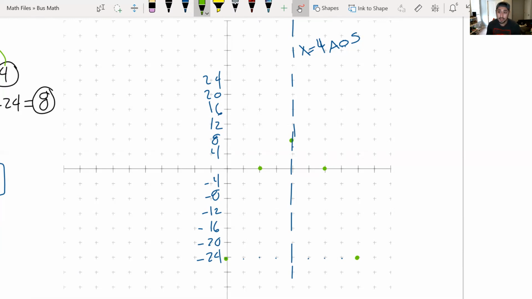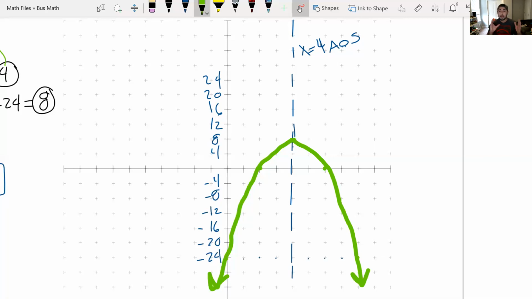And now we can connect. There you go. And the very last question I believe it's asking is, does this have a maximum or minimum?